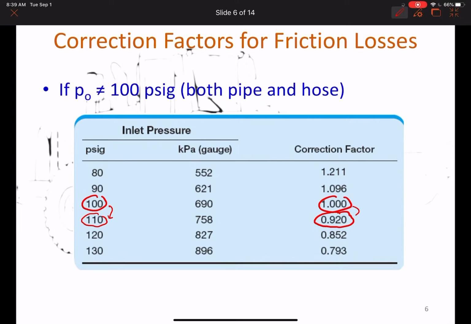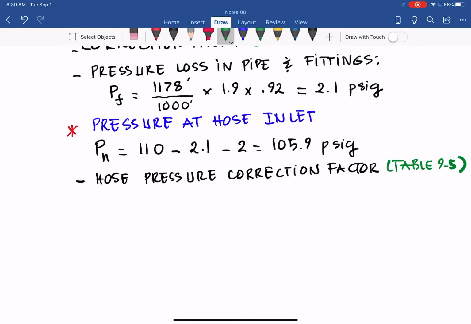So interpolate, or you pick it about 0.95 at 105.9 psig, so that we can be able to determine the hose pressure correction factor, in this case equal to 0.95, and that of course at pressure P equal to 105.9 psig.